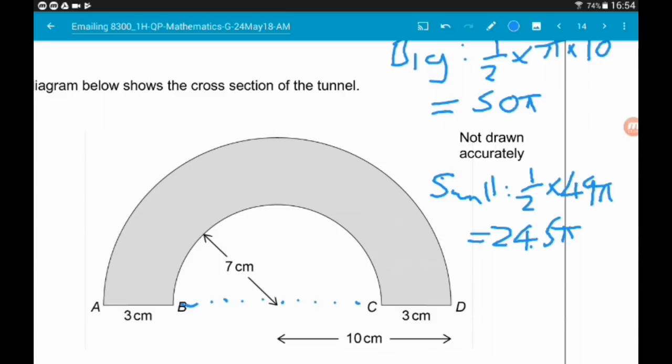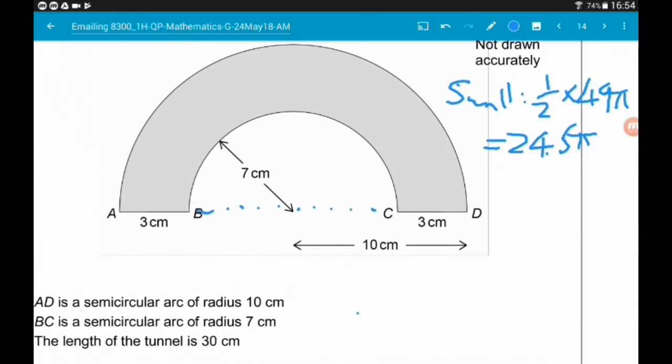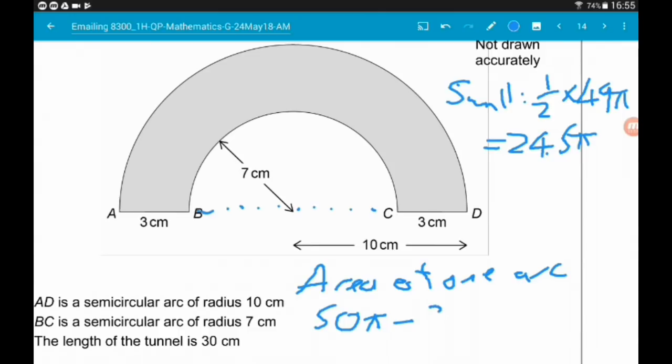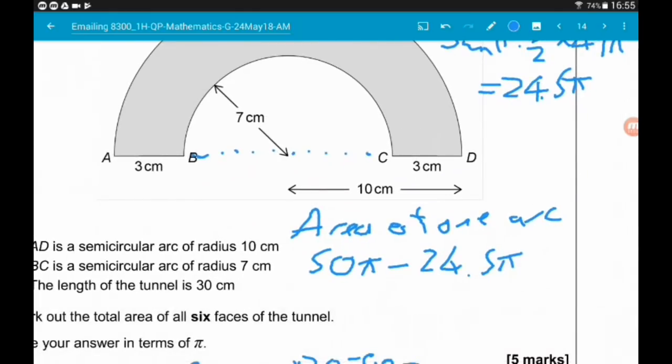So now we can work out the area of the arc. The area of one arc is, well, it's 50 pi minus 24.5 pi. Now that is 25.5 pi.